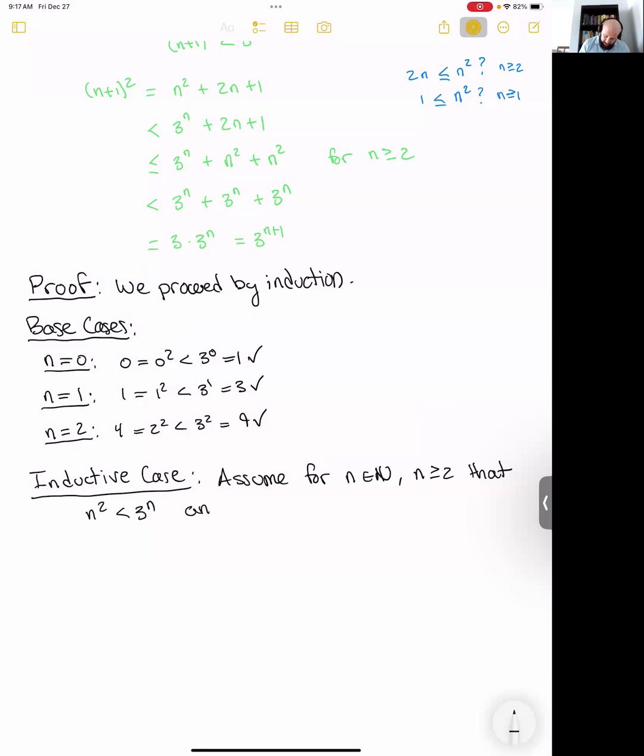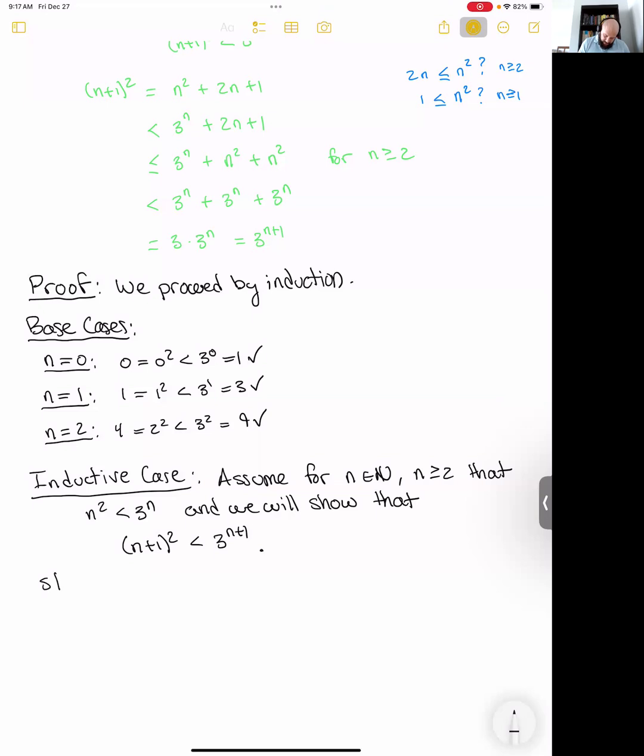And we will show that (n plus 1) squared is less than 3 to the n plus 1, which means we can walk up the ladder, right? Okay, so let's start off.